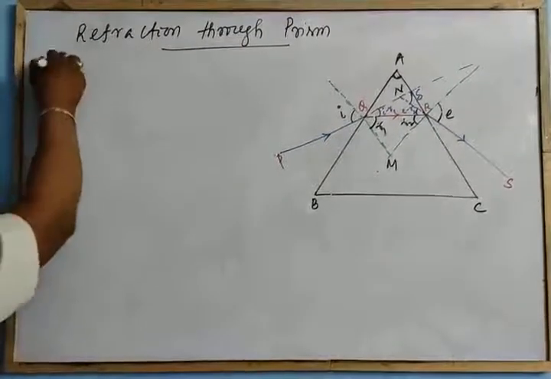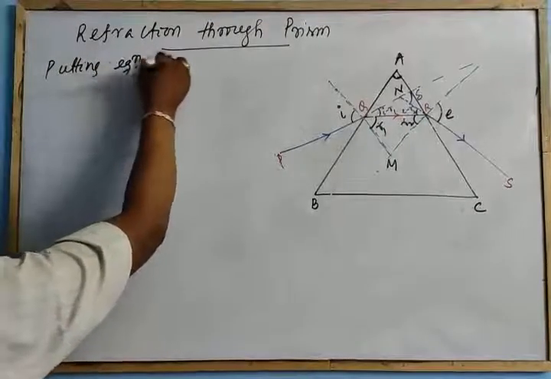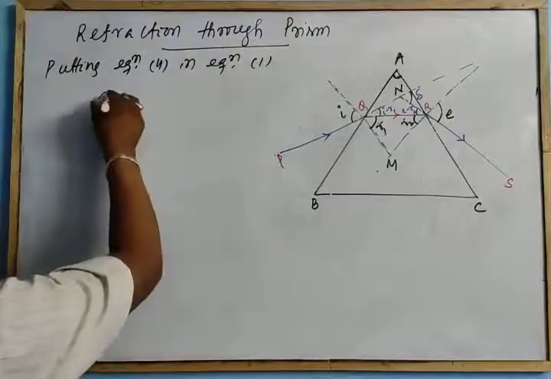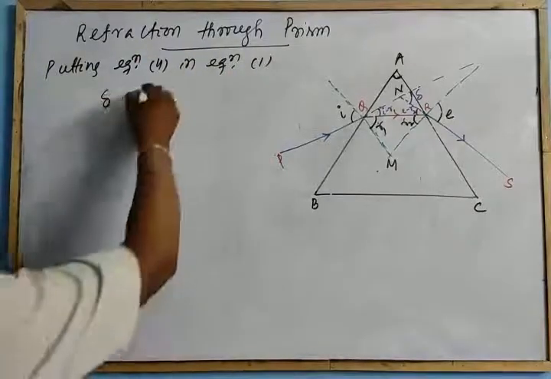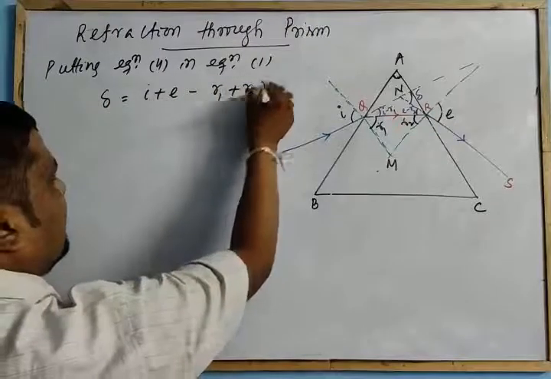Putting equation 4 in equation 1. What is equation 1? Delta is equal to I plus E minus R1 plus R2.